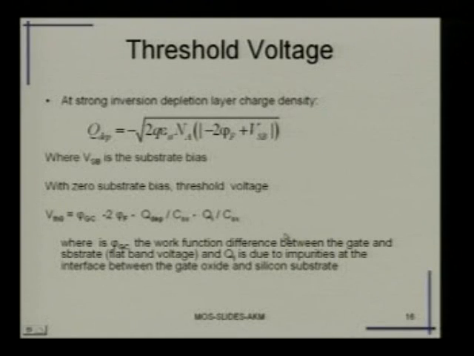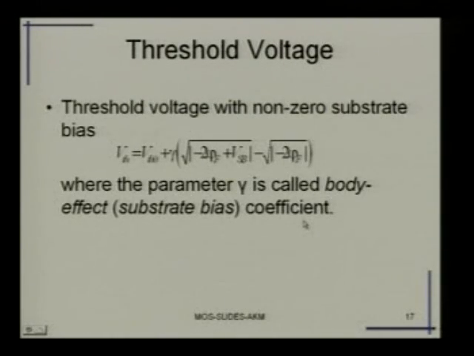This is one of the mechanisms we'll see used in some circuits in later designs. So this is the typical expression for VTH. This part is the substrate bias voltage, and gamma is called the body effect or substrate bias coefficient.